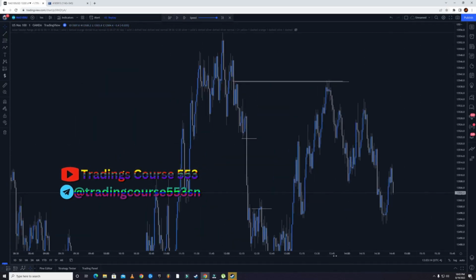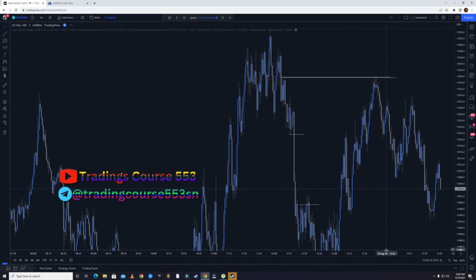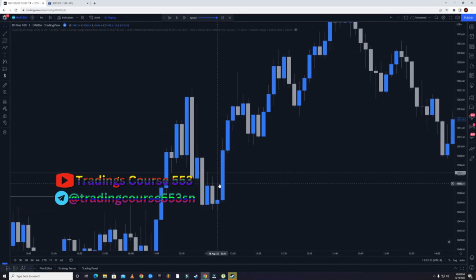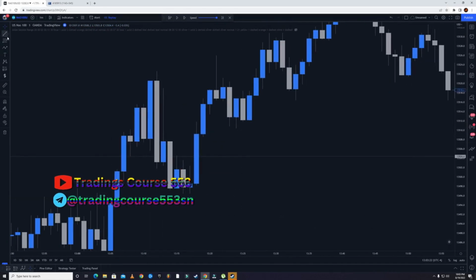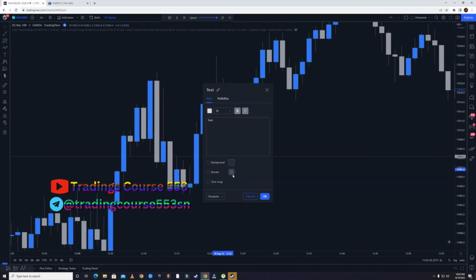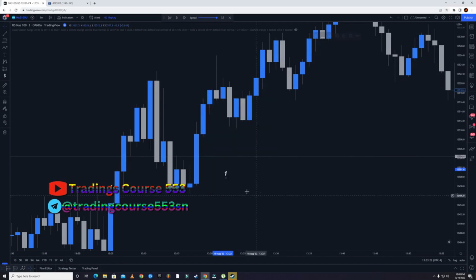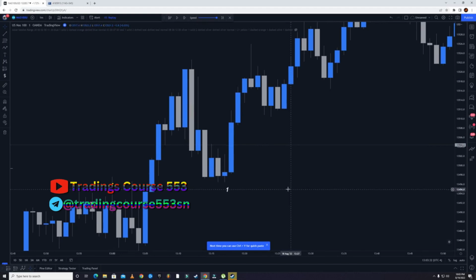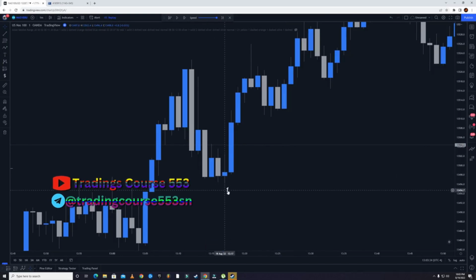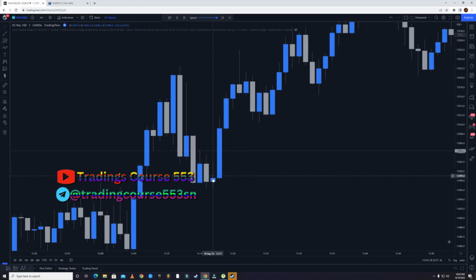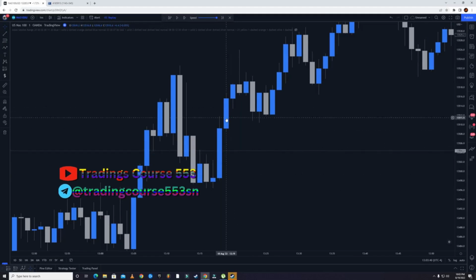Let me give you an example for a buy position. So we are looking at this. Let me label it so it's easier for you. So we got the first candle around here. This is our first candle, this is second, and this is third.